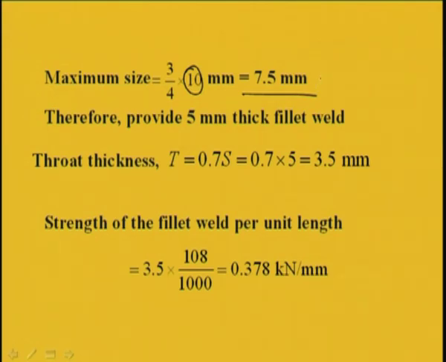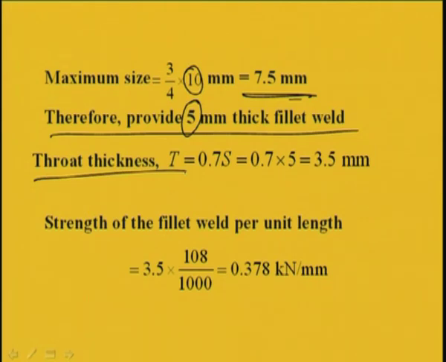Now we are providing a fillet weld size in between, as 5 mm. If the size of the fillet weld is 5 mm, then the throat thickness can be found from 0.7 s, that means 3.5 mm. Throat thickness means the effective thickness which is going to take care of the load, that is 0.7 into s, where s is the size of weld, 5 in this case.